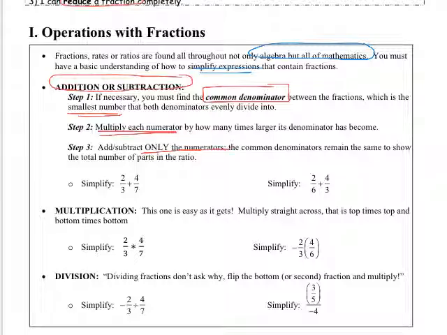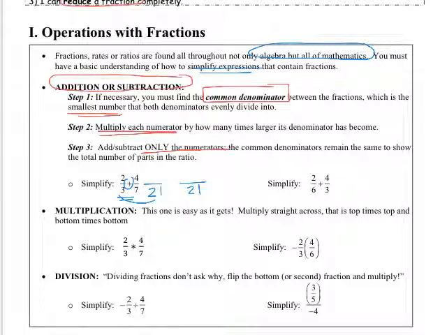So let's go ahead and simplify these two problems. We have an addition problem, and when we have addition, we have to find a common denominator. So I'm going to pick 21 because when I multiply 3 times 7, those numbers multiply to 21. And that's going to be a number that both 3 divides into evenly and 7 divides into evenly. So how many times larger is 21 than 3?